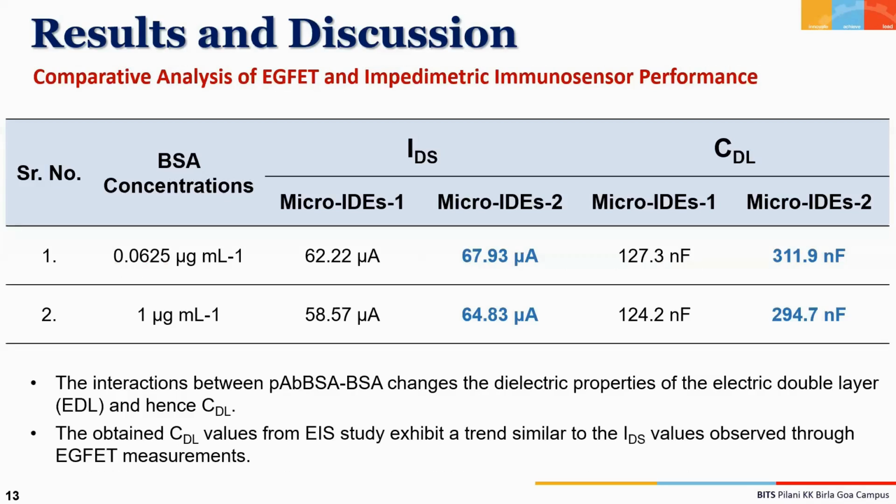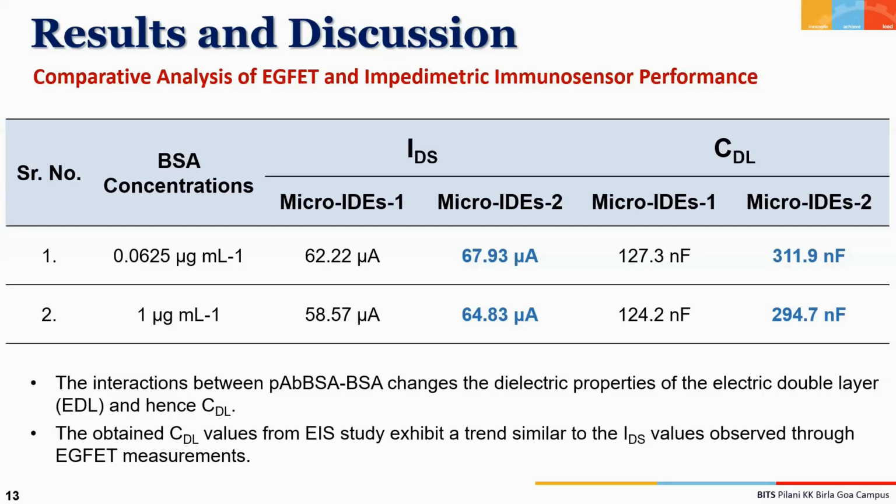Here we have compared two different concentrations, with the EG-FET evaluated in terms of IDS, and the impedance-based EIS system, from which we have CDL. In both cases we found there is some correlation: as the concentration increases, the current decreases, and the CDL also decreases.